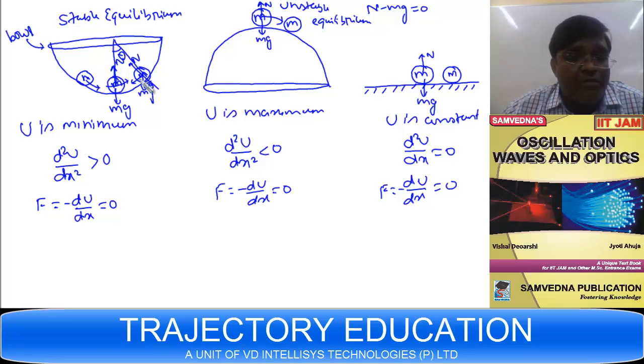When you displace the particle from the equilibrium position, there will be a restoring force acting on the body, which will try to bring the body back to equilibrium position. So this is the kind of equilibrium which we need in case of oscillatory motion, right? Now I'll discuss with you how to get the expression of restoring force when you displace the particle from the equilibrium position. I'll discuss this.